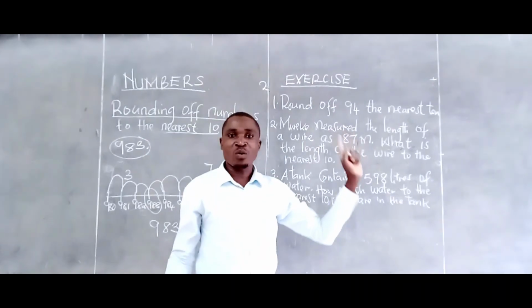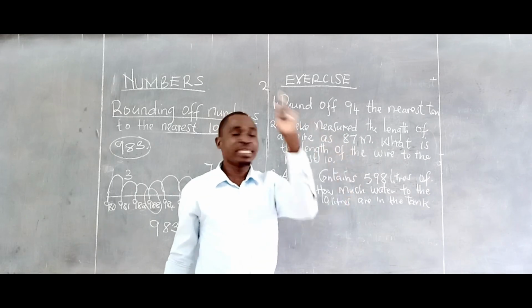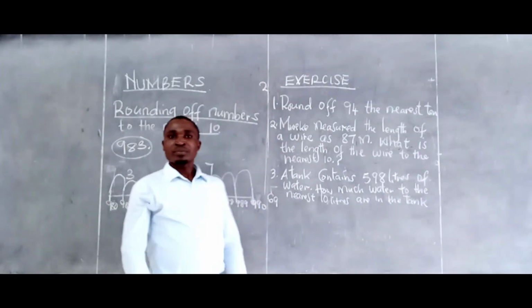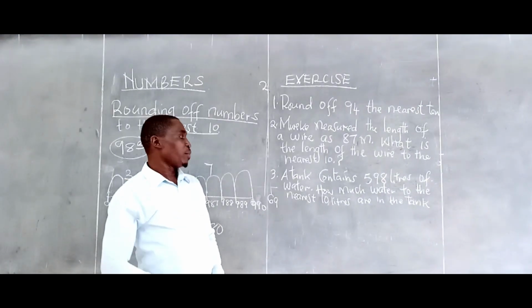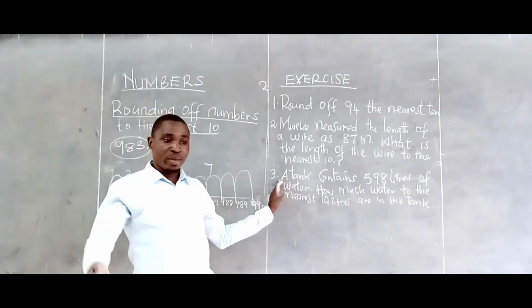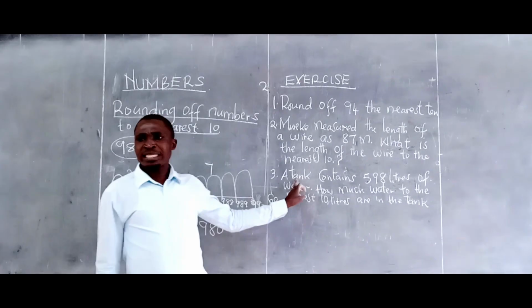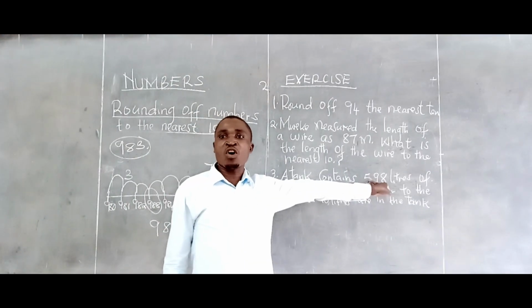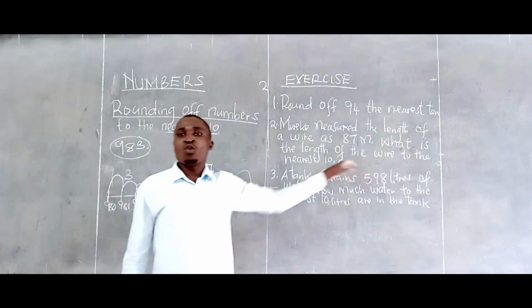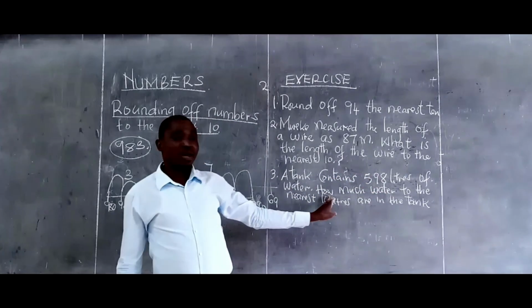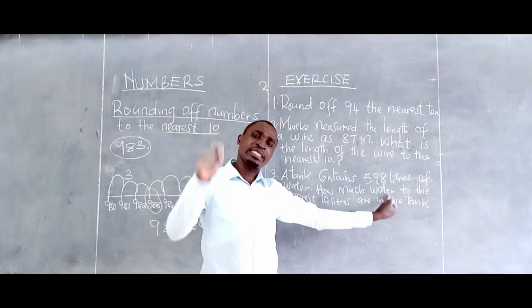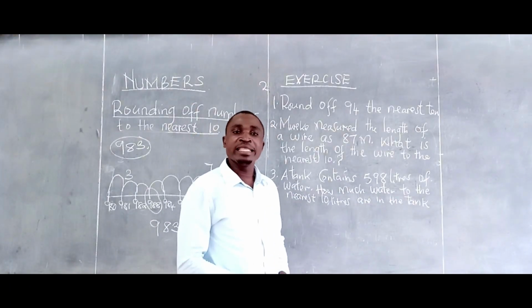What is the length of the wire to the nearest tens? The last problem, for those who may not have heard the question, a tank contains 598 liters of water. How much water to the nearest 10 liters is in the tank?